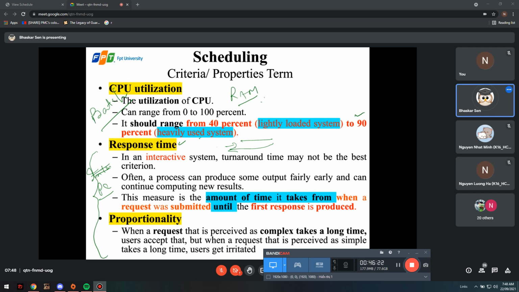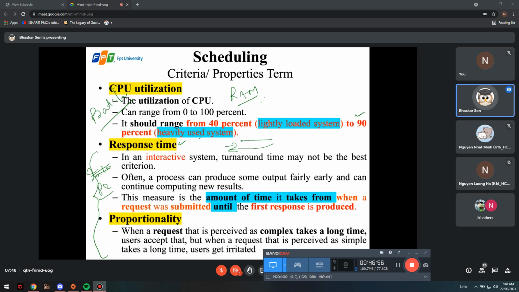Instead we focus on response time. If I want to search in Google, or move from one page to another page, of course there are many other factors there, including the bandwidth and the speed of the internet, but how fast can we move from this part to that part. That is what we call response time.